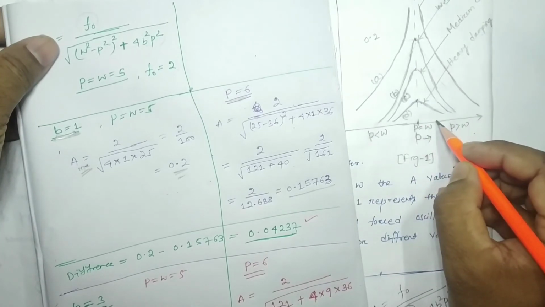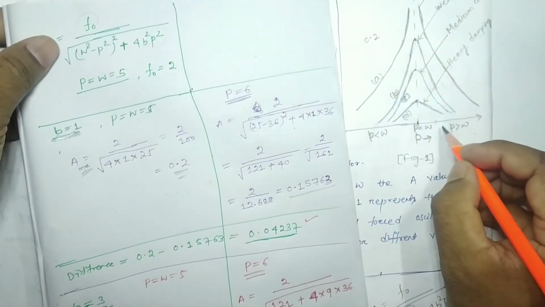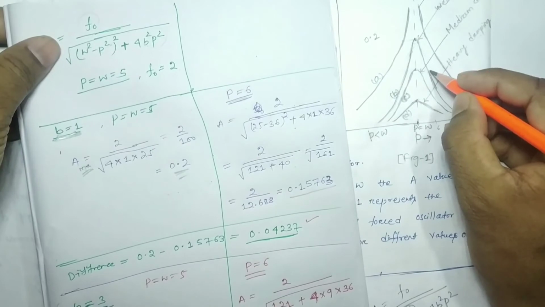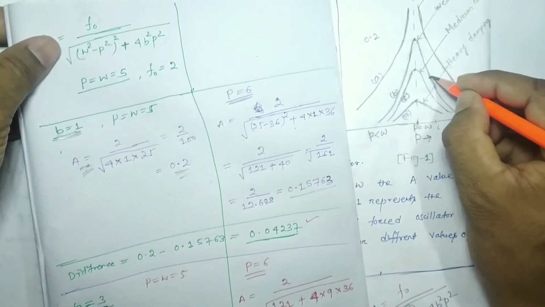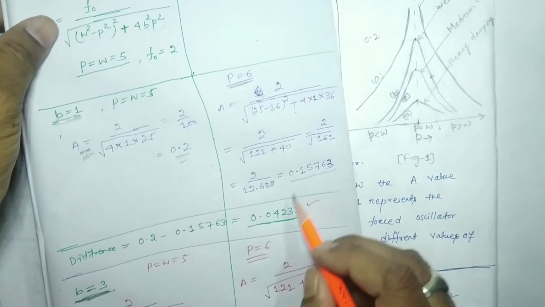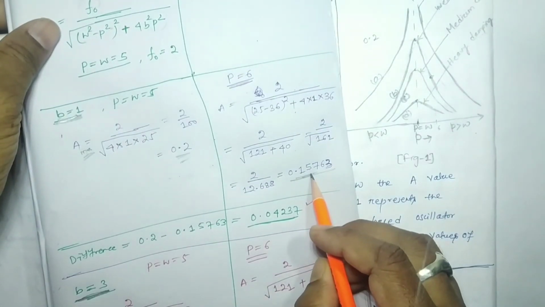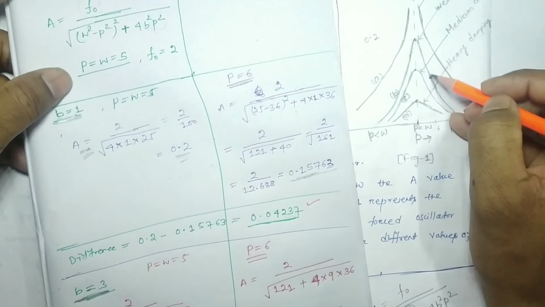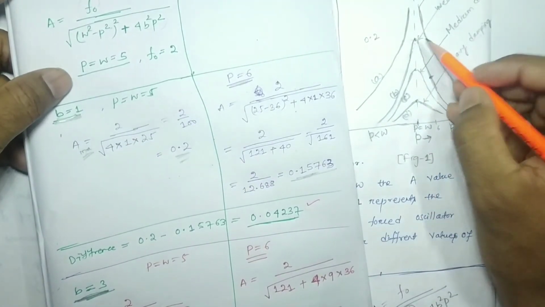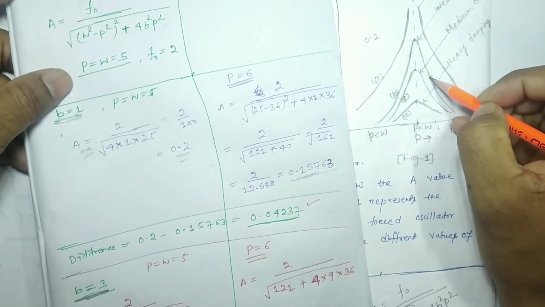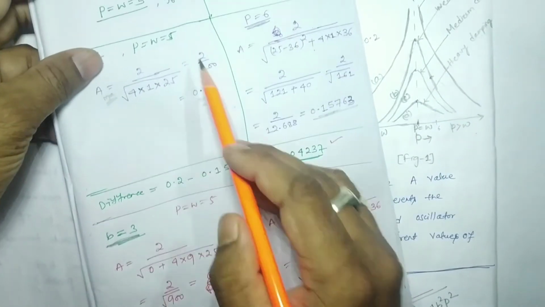That means for P equal to 6, this value is how much? It is 0.1573. Now from 5 to 6, if I move, how much does the amplitude decrease?